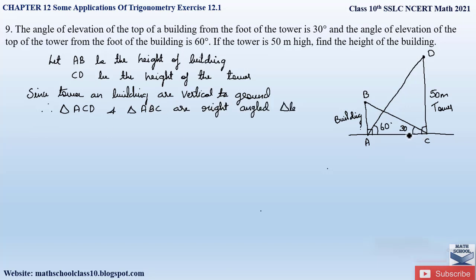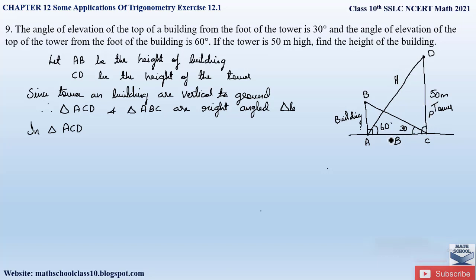So now let us first consider triangle ACD and apply the trigonometric ratio since we know the height of the tower or side CD. In triangle ACD, here our acute angle is 60 degree and the side opposite this acute angle is perpendicular, side along will be base, and AD is our hypotenuse. So now we know the perpendicular side.